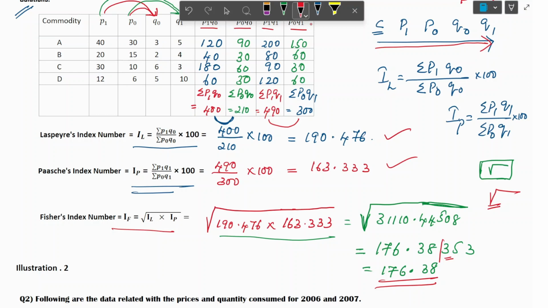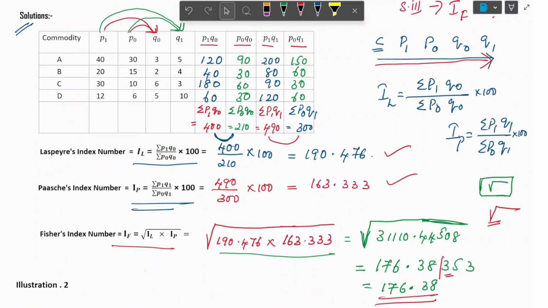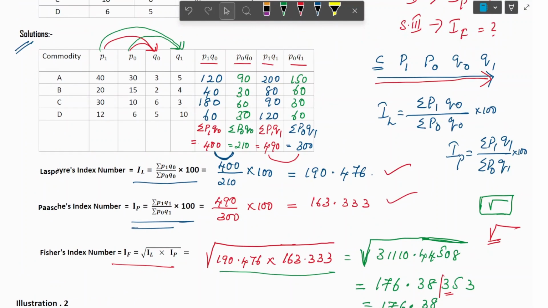Therefore, this is the way you are going to find the Fisher's index number. I told you in the case of IDB, that is Dorbish-Bowley index, and Marshall Edgeworth's index, the first thing, the table, is the same. Therefore, you have to learn this format the same way, because it is in order I have written. That is P1, P0, Q0, Q1. And how do you multiply?